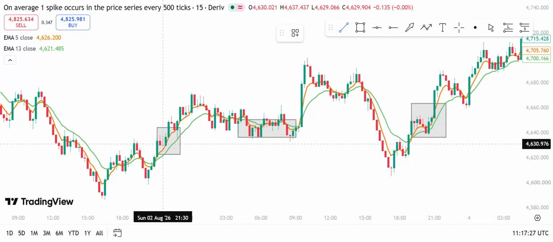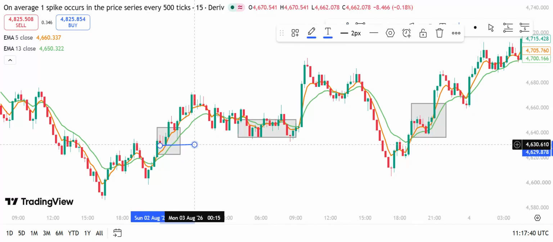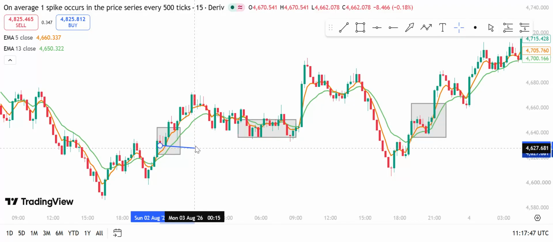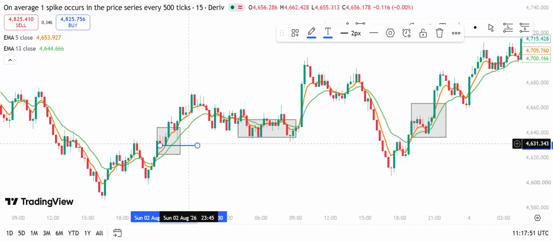When the market comes here, I want to mark this level as our entry. This one would have been our entry. I hope this line is straight, looks straight to me. So we say this would have been our 15-minute entry.